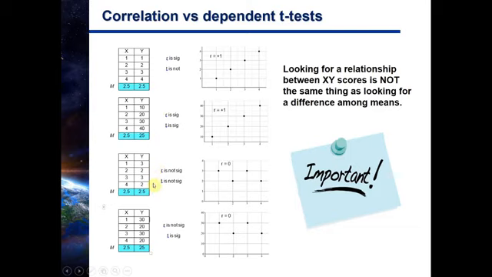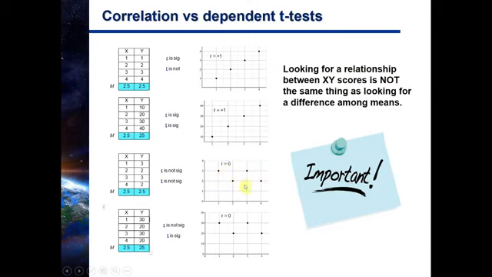And then this one down here, if we plot the XY pairs, we would get this. And our best fitting line, we wouldn't be able to tell if it should go this way and be positive or this way and be negative. We would get a flat line here between them. And you'll learn today that if you get that flat line, it means there's no relationship.